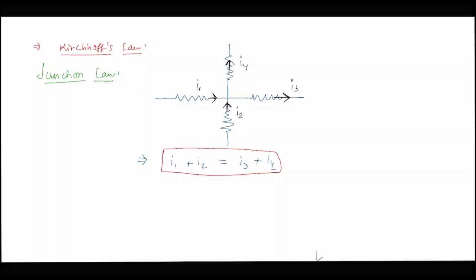The next law which we will be using is regarded as the loop law. So let us understand the loop rule. It basically states that the algebraic sum of all the potential differences along a closed loop in a circuit is 0.